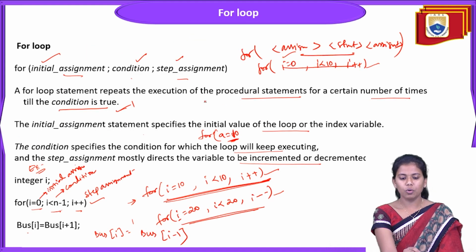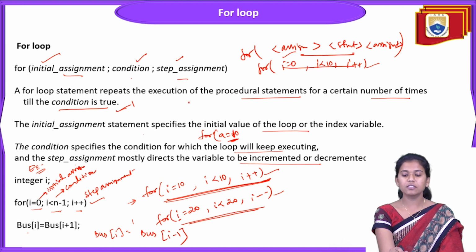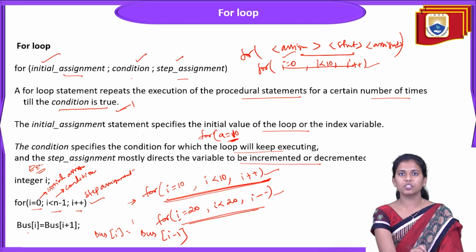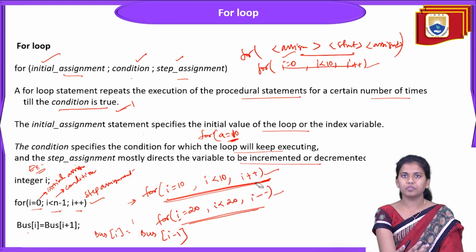For loop statement repeats the execution of the procedural statement a certain number of times till the condition is true. There is no restriction that the for loop can be executed only so many times. Until you get the output as 1, meaning the condition is true, we can execute the statement.